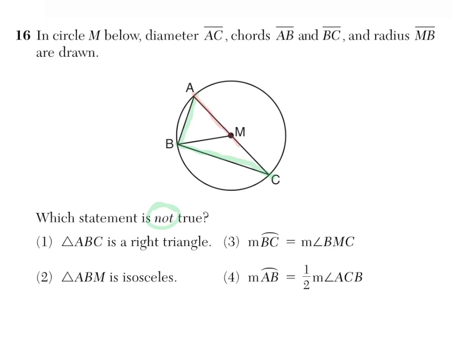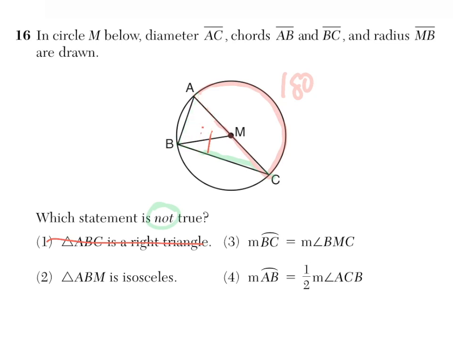And so I know that an inscribed angle is 1/2 its arc, and because it's the diameter, this is 180 degrees, so ABC has got to be 90 degrees, and this is a right angle, so this is true. ABC is a right angle, so option 1 does not work.